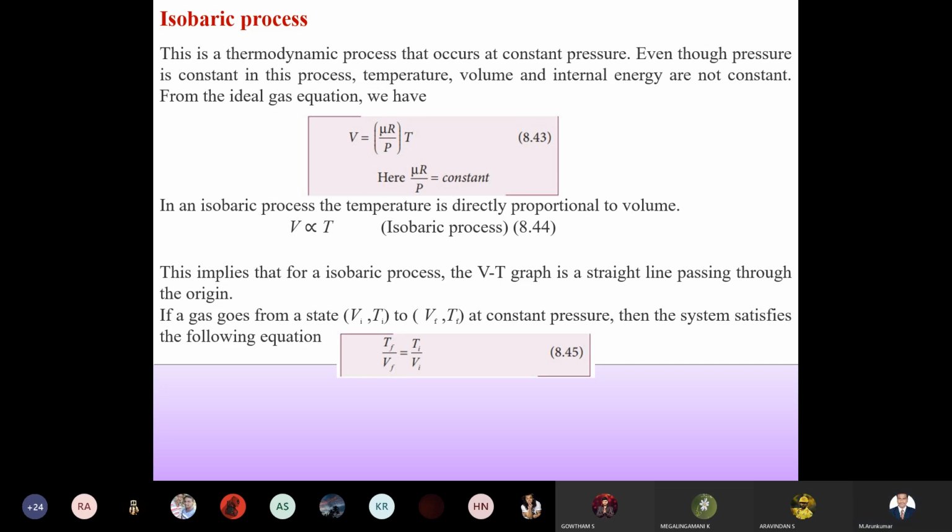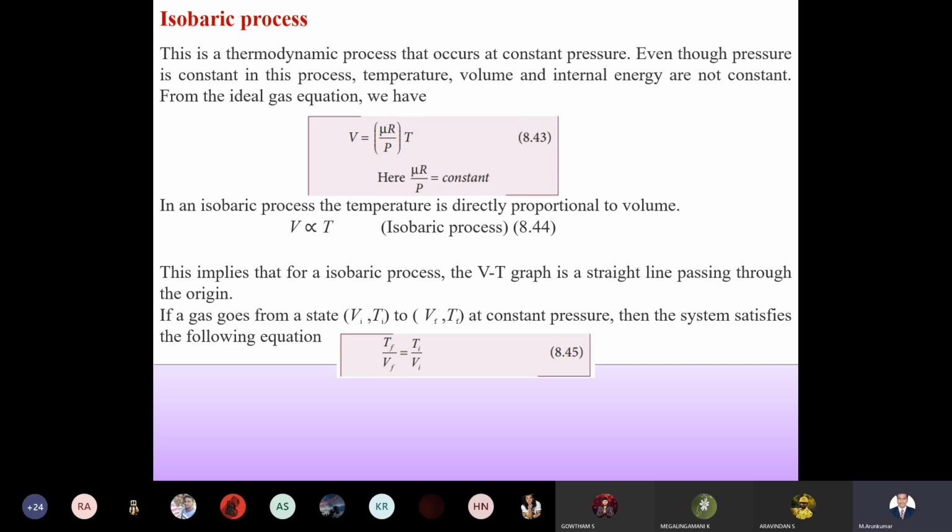Then we can have the equation of state as V is directly proportional to T. So this is the equation of state for the isobaric process. Then we can draw the VT graph, that is the volume versus temperature graph. That graph will show a straight line passing through the origin.